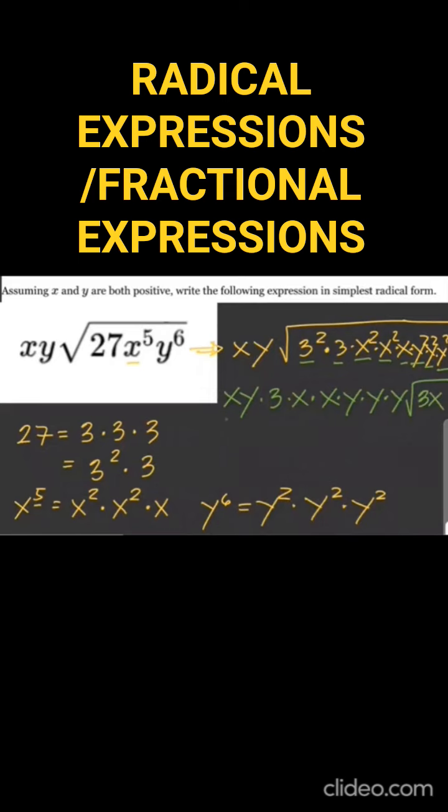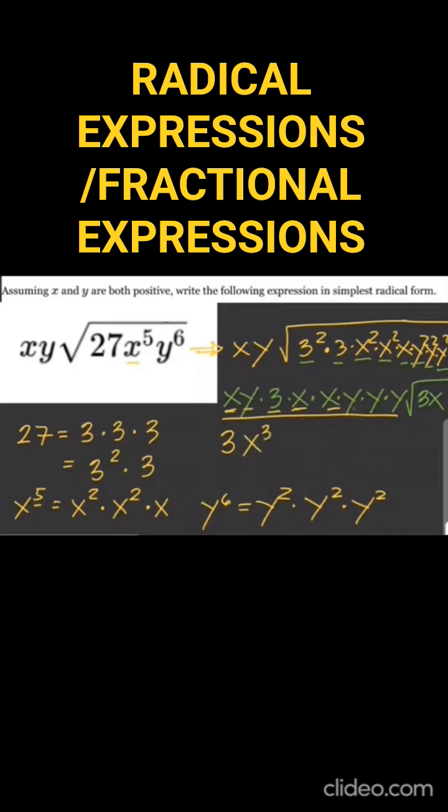And now we all have these variables outside the radical. So we just have to simplify this. So we group like terms. So we group all of the x's and the y's, and we only have one constant here, or number, which is 3. So we just copy that. So we multiply x times x times x, so that is x cubed.